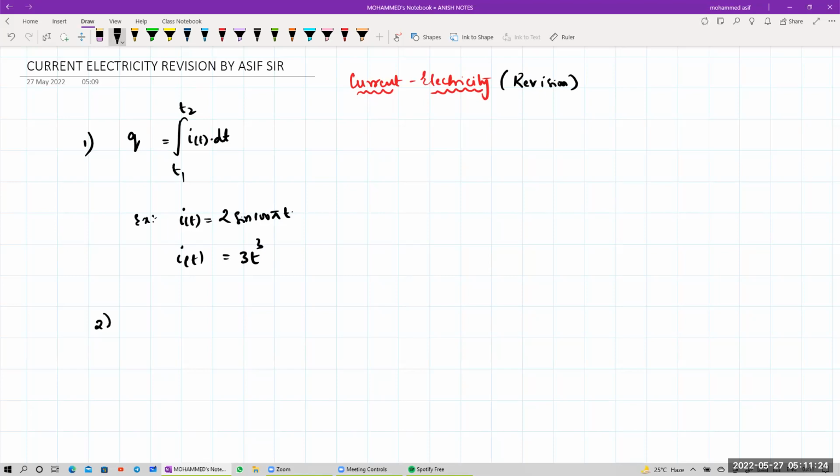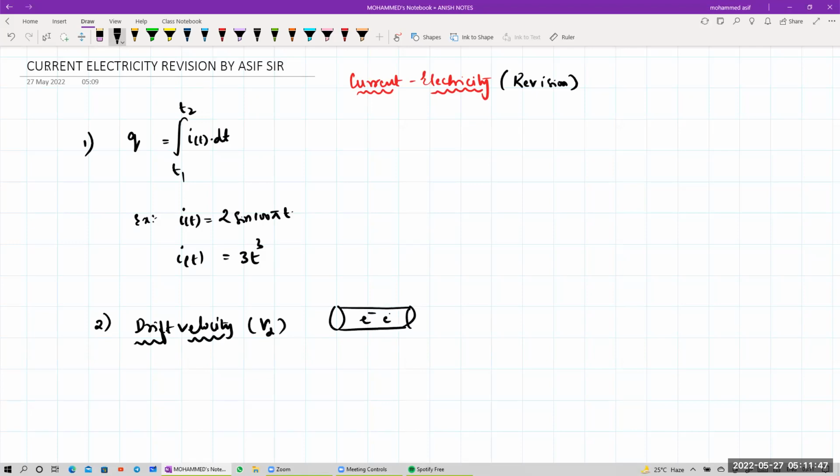The next very important formula is how do you write your drift velocity? Drift velocity is represented by Vd. Drift velocity is nothing but the velocity of electrons when a conductor is connected to your battery. For example, this is your battery.